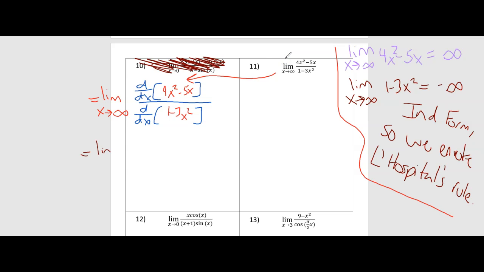So that's going to give me the limit as x approaches infinity of 8x minus 5 all over negative 6x. You'll notice, though, that this also is going to give me an indeterminate form, right? If I substitute infinity into my numerator and infinity into my denominator, this is going to give me infinity over negative infinity, which is another indeterminate form.